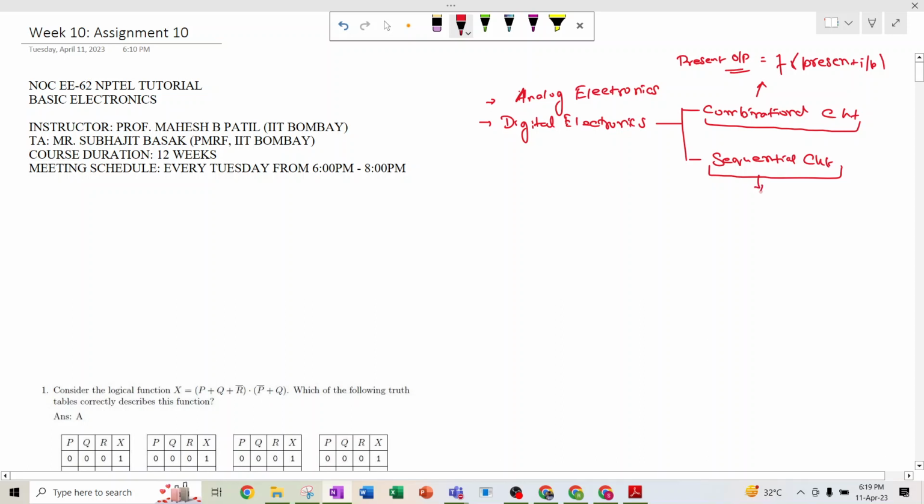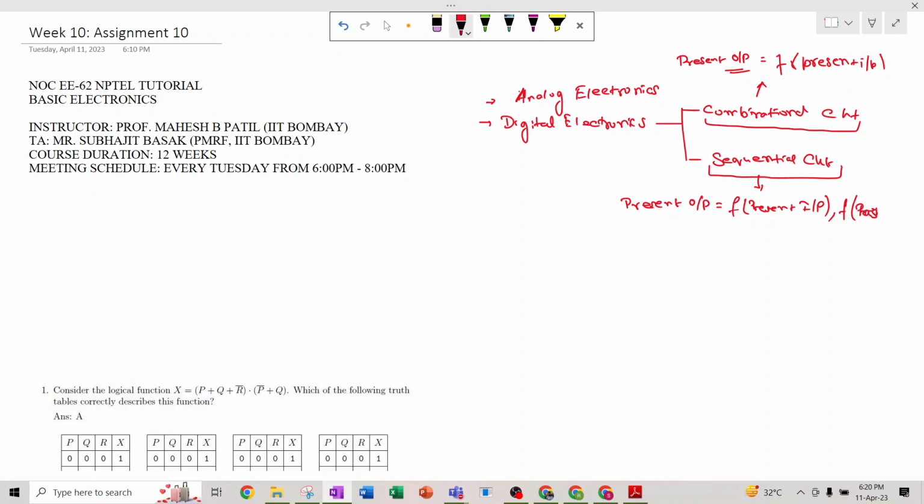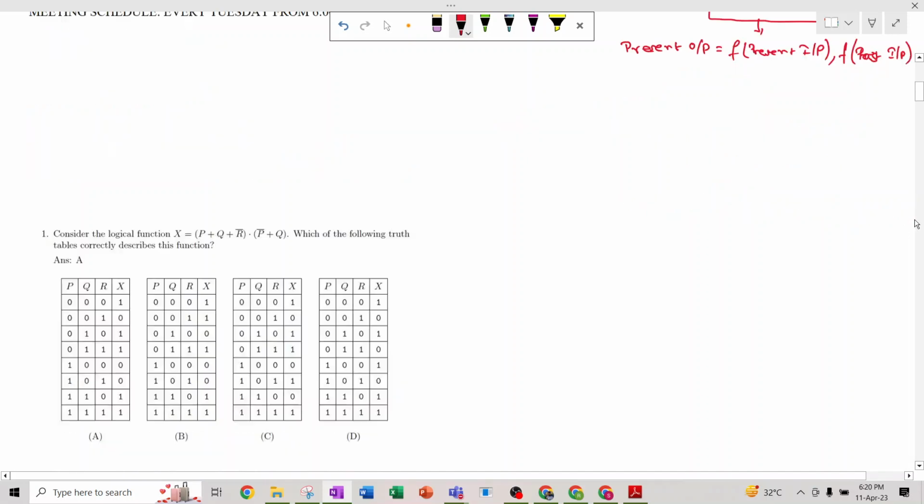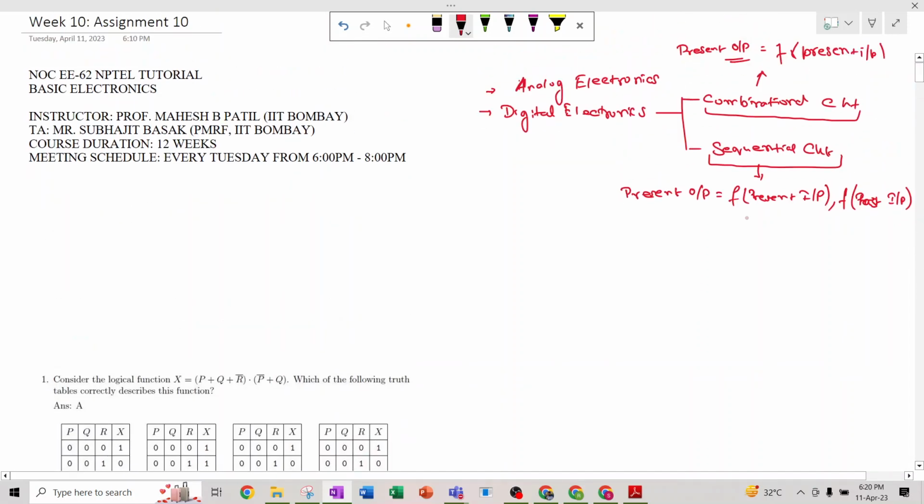For the sequential circuit, the difference is that the present output is a function of the present input, as well as of the past input and the past output.